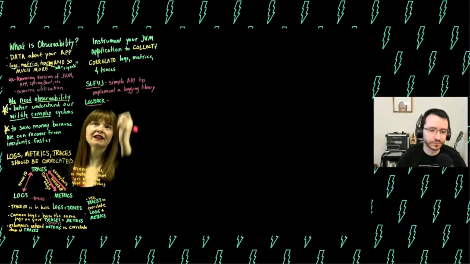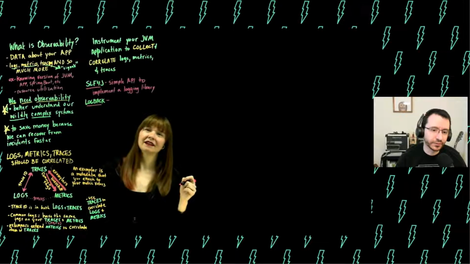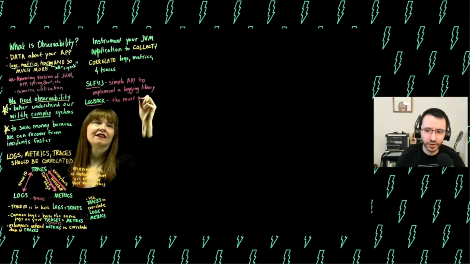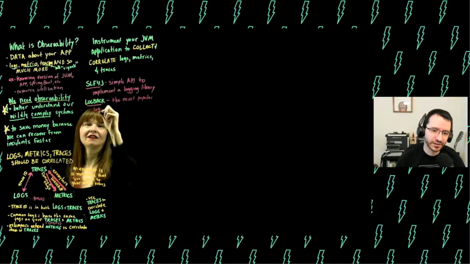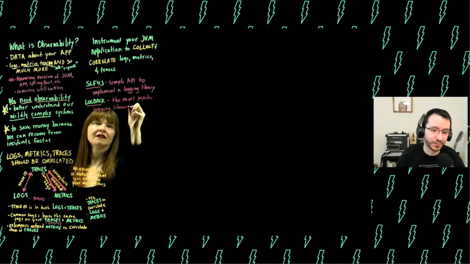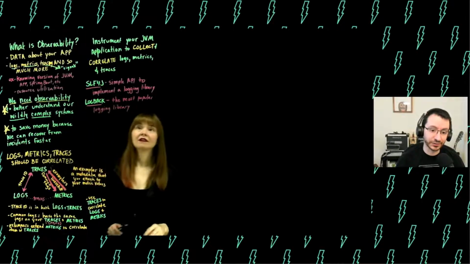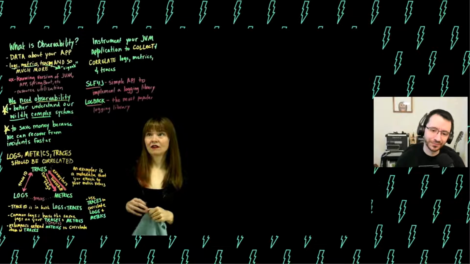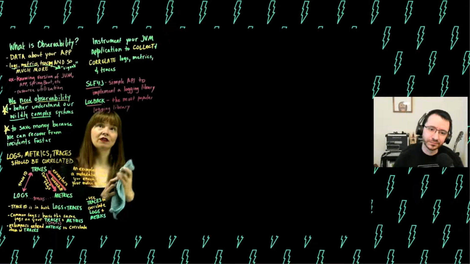So I would phrase what you wrote like this: SLF4J is a simple API for emitting or recording logs, and Logback is a library that will do the work. Okay. Simple API to record logs.